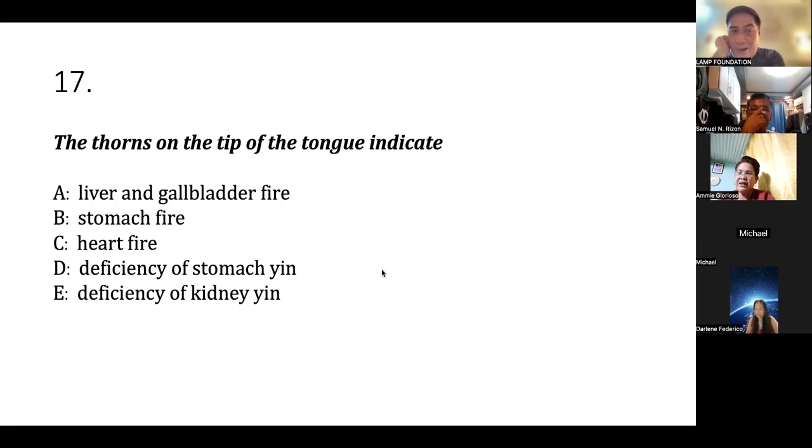Ang thorns lang, Doc, nasa mga gilid lang? Hindi. Sabi mo kanina, gitna din stomach fire.